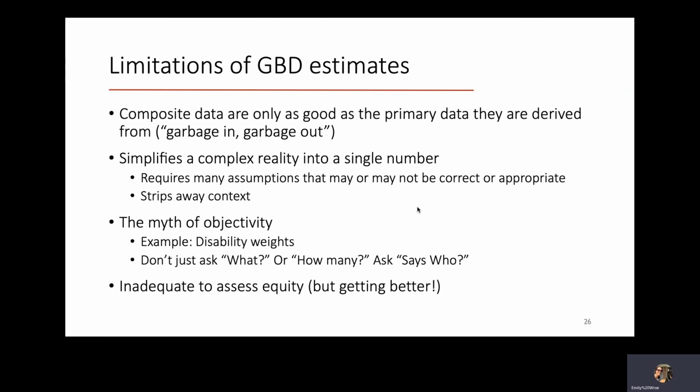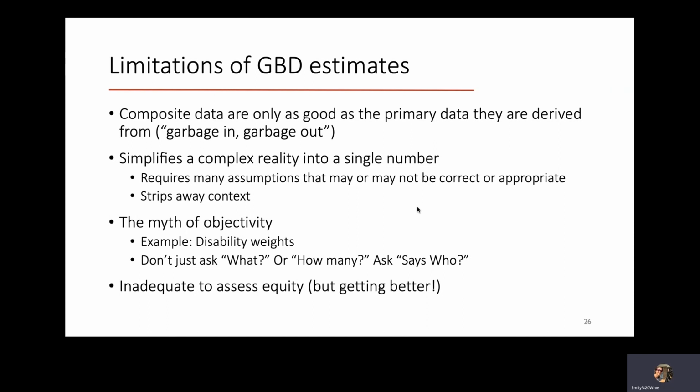We have to know that there are limitations to these estimates. If the primary data they're derived from isn't good, the estimates won't be good. A lot of this is also simplifying a fairly complex reality into single numbers. So if some of the assumptions are inappropriate or the contextual factors aren't there, we have to combine this kind of data into a conversation where the reality on the ground and the context is also incorporated.